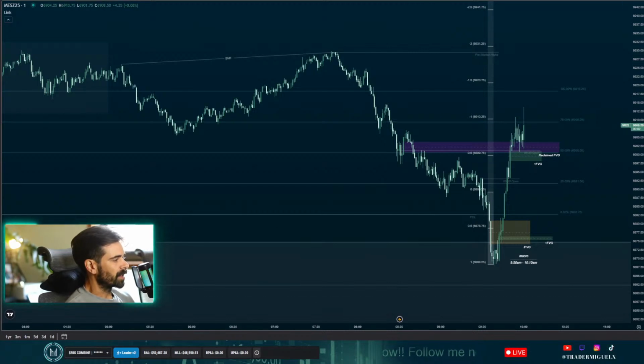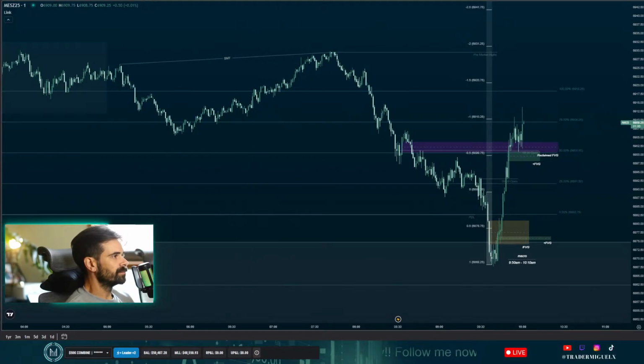Kind of a hard market when the market is so strong and so quick. It's kind of hard to interact with, despite knowing what you're looking for, and despite the market doing what you anticipated.